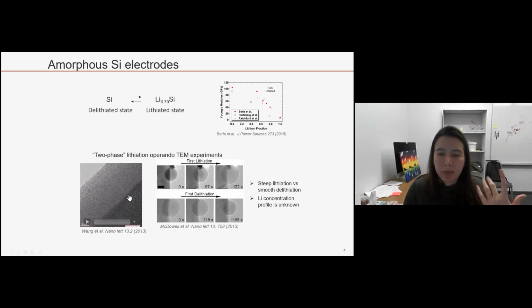So you would generally expect a more smooth transition there if it were a diffusion limited process. But in another experiment, they see a similar thing, where there is a sharp interface during the lithiation, and then during the delithiation there is no sharp interface. So it's quite odd, this material. So there was a lot of debate. I said, okay, let's see what is going on here.